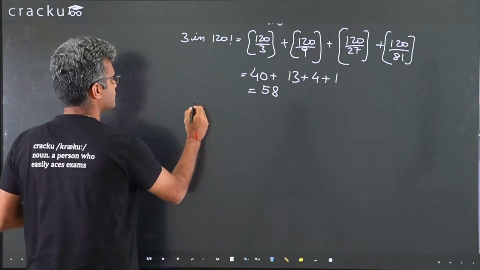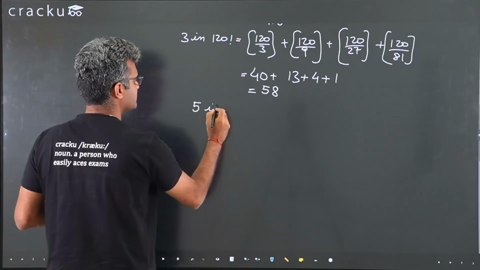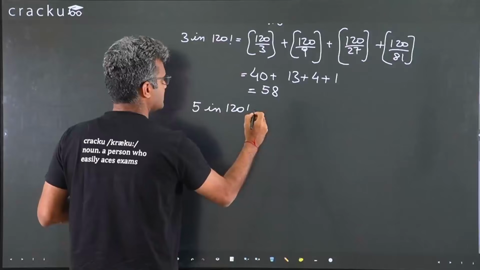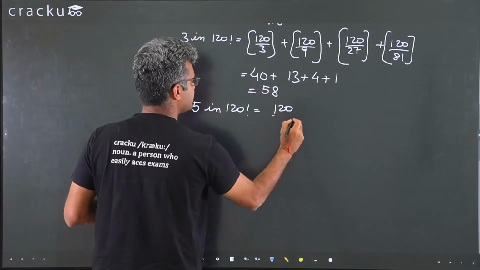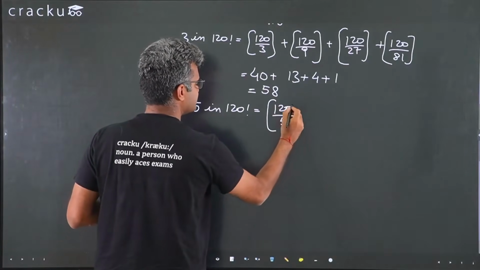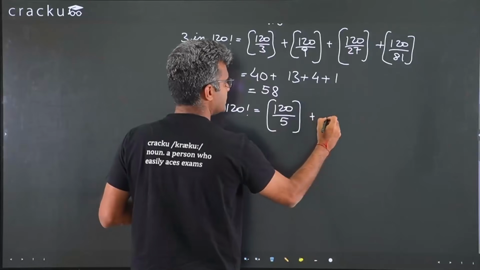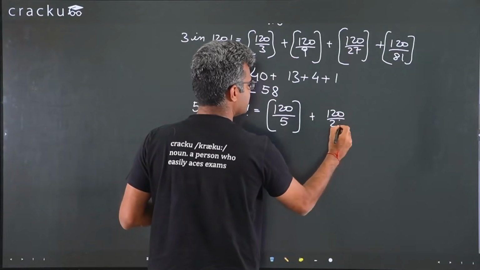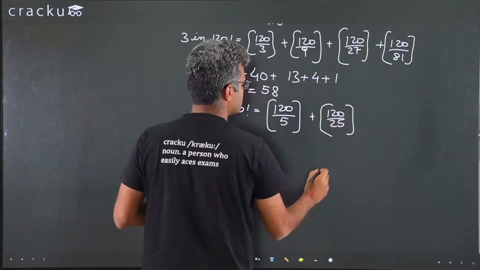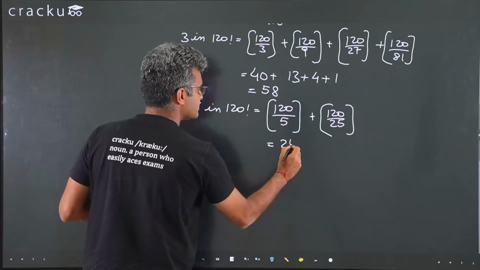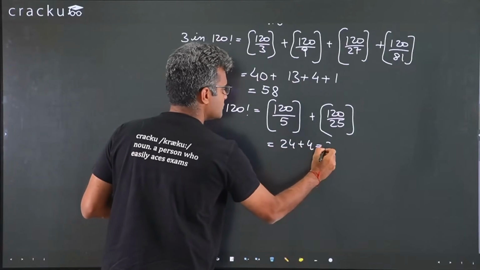Similarly, what is the highest power of 5 in 120 factorial? The highest power of 5 is 120 divided by 5, take the integer part out, plus 120 divided by 25, take the integer part out. This is 24 plus 4, which is equal to 28.